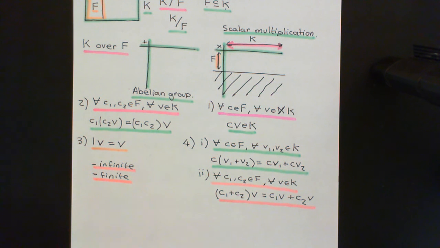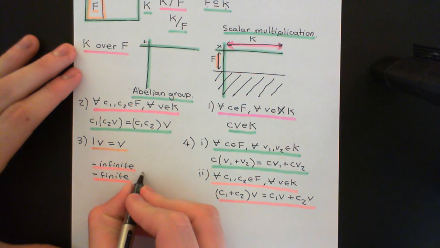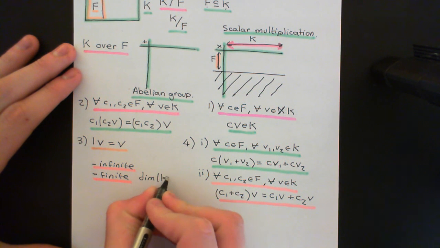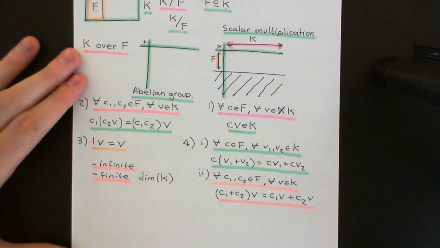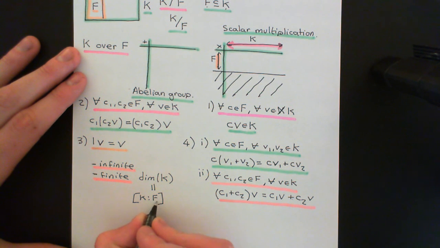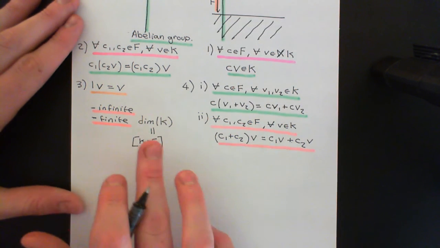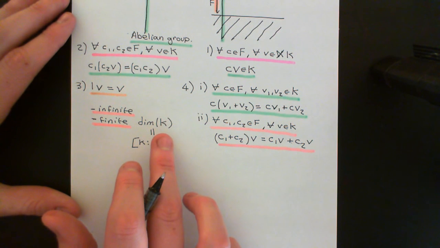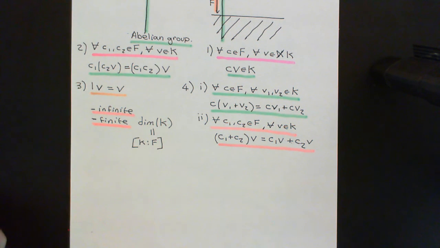And in this case, of course, the field extension will have a lovely constant associated with it, which will be the dimension of that field extension viewed as a vector space over F. So we can now ask what is the dimension of this vector space K over F. And we call that constant the degree of the field extension, and we notate it like so. Square brackets, and then you put K colon F here. And this just means the dimension of the field extension viewed as a vector space over F.